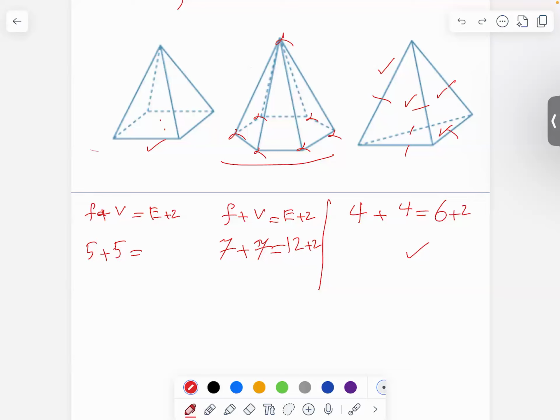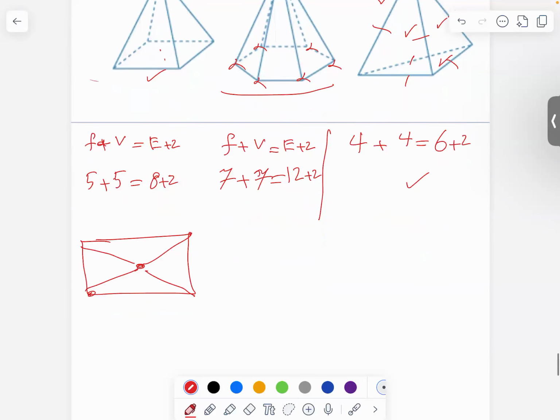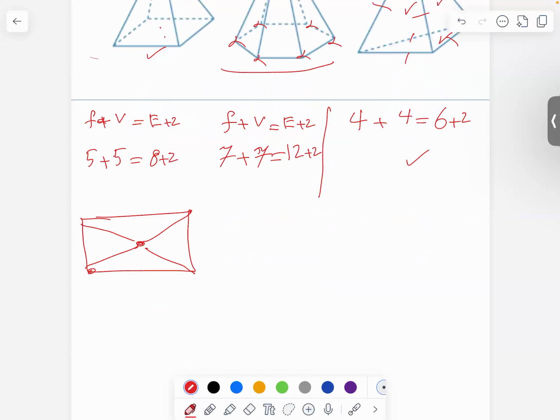So now let's look here. Do you see this one? How many regions do you see here? 1, 2, 3, 4, 5. Okay. It's like a geometrical object.